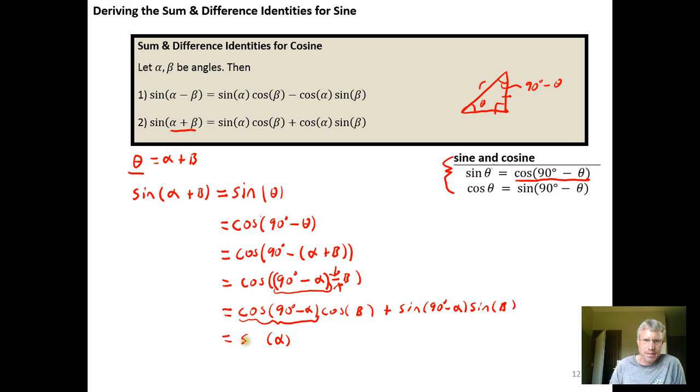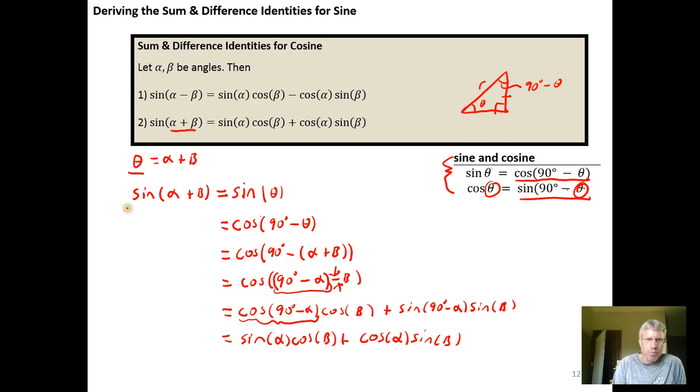So it's going to be the sine of alpha times the cosine of beta, and then I have my plus, and then I get the sine of 90 degrees minus alpha, which is just the cosine of that angle. So I can replace the sine of 90 degrees minus alpha with the cosine of alpha, and the sine of beta stays the way it is.